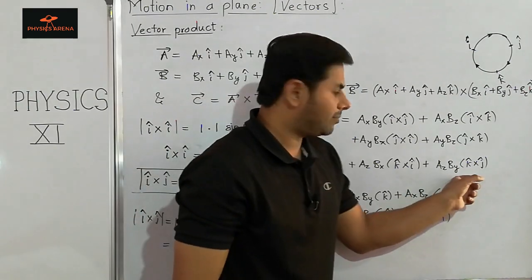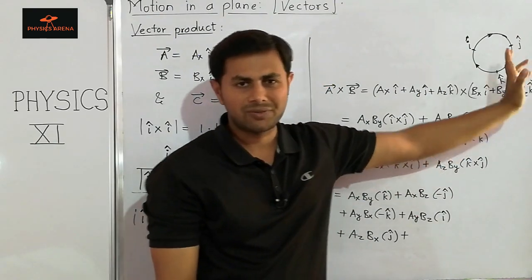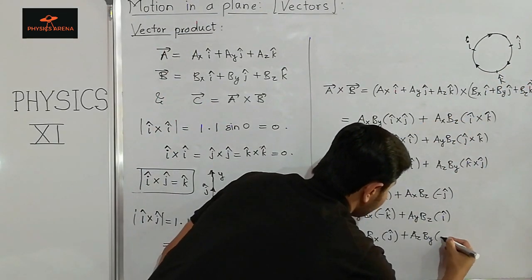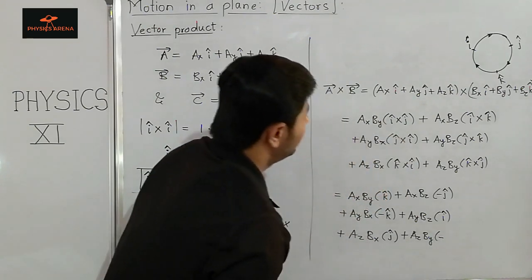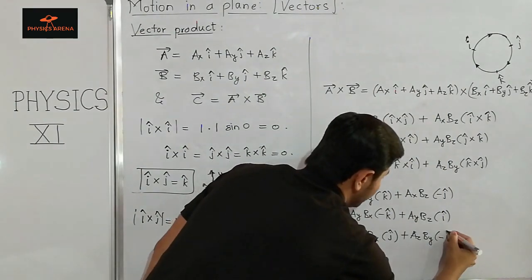Plus az by, k cross j, opposite direction, so minus i.